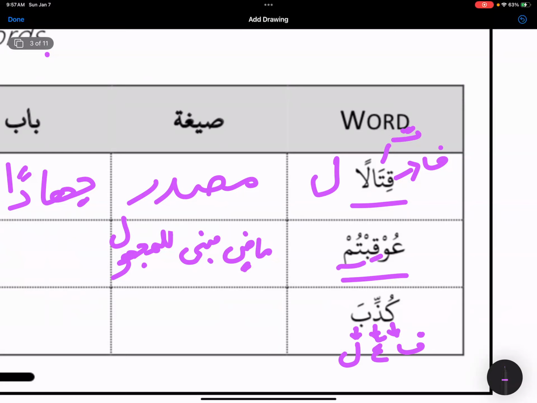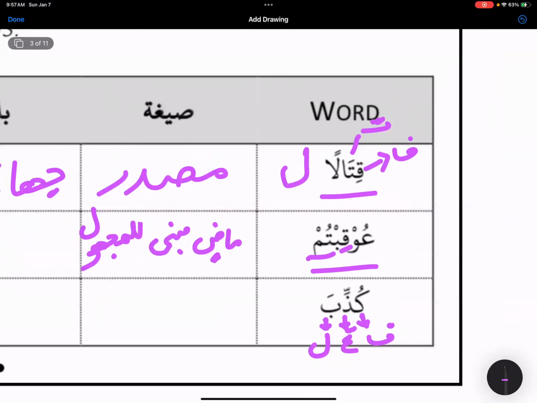So that's family 2. But what else do you notice? Kuzziba, so that's Madi Majhul. Madi mabni lil majhul. It is starting with dhamma, and then the middle root letter has kasra. So this is madi majhul, mabni majhul, fu'ila.